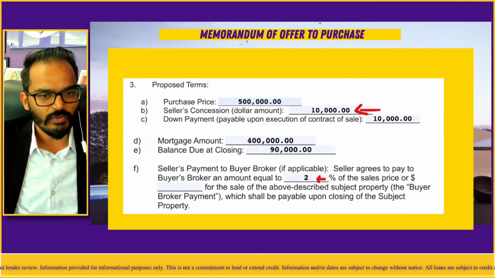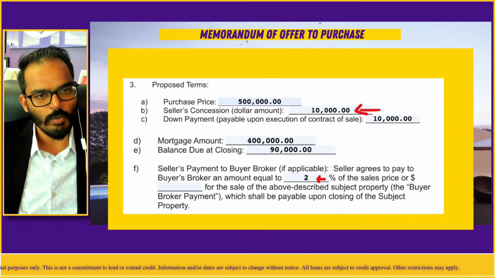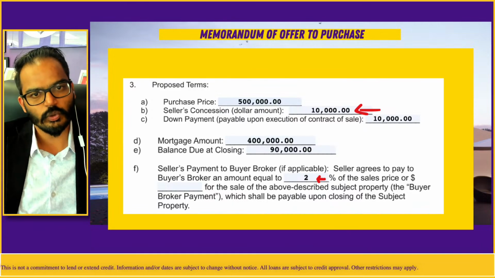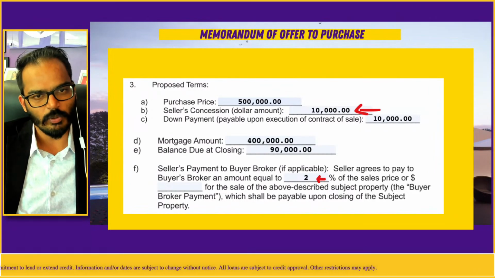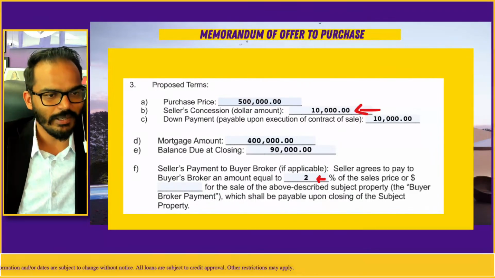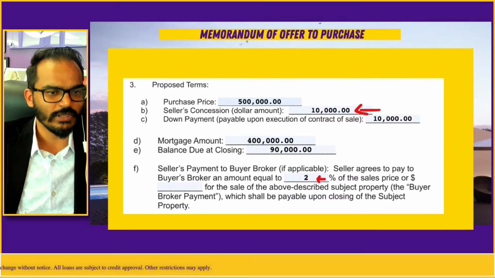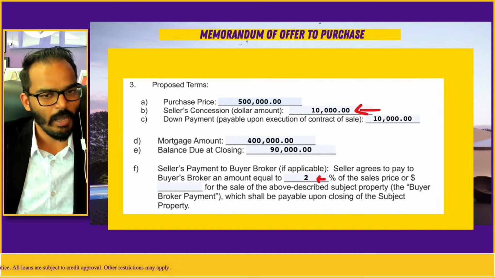So the new offer sheet is very straightforward. I hope every one of you guys are using this. It's called the memorandum to offer purchase. So memo to offer letter here. And you see your purchase price in letter A is $500,000. If you're asking for seller's concession, then you're going to be putting that amount there.